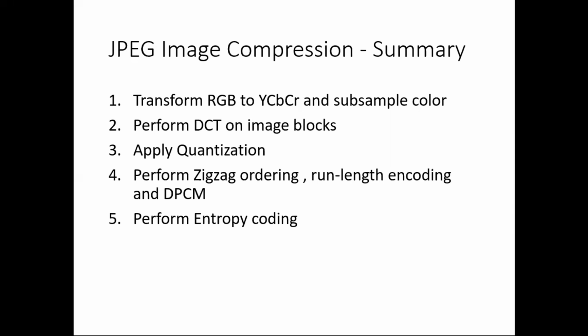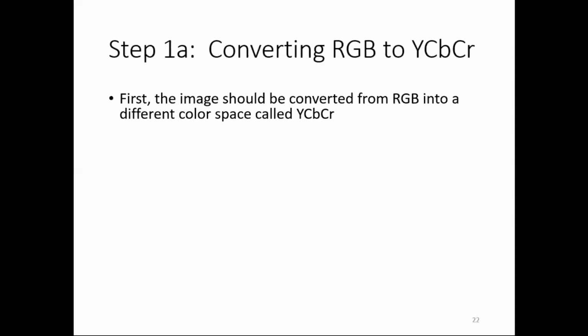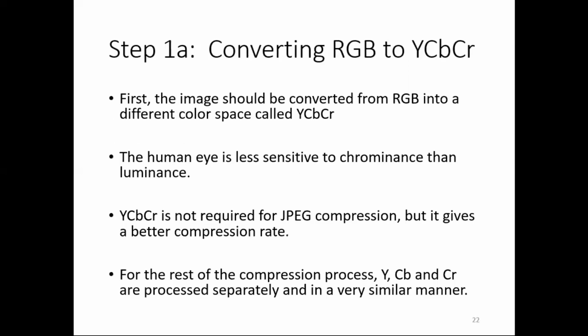Then apply quantization. Then perform zigzag ordering, run length encoding, and DPCM. DPCM means differential pulse code modulation. Then finally, we can perform entropy coding or Huffman coding for more compression. Okay, let's take these steps one by one.